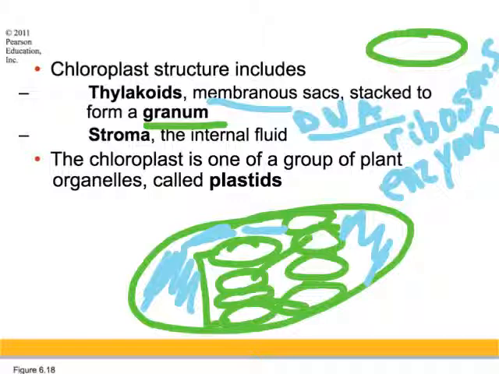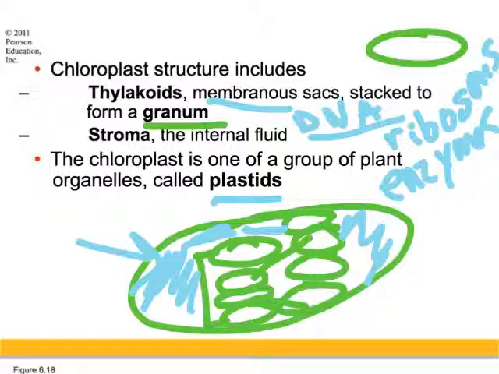and the chloroplast is just a plant organelle that belongs to the plastid. So there are more than just chloroplasts. There are actually other family members.